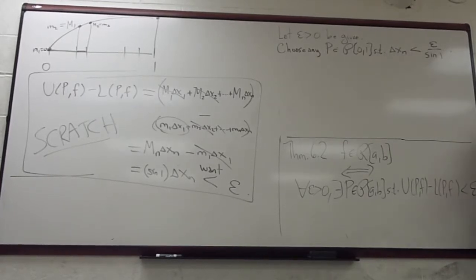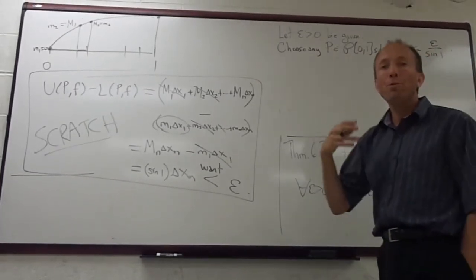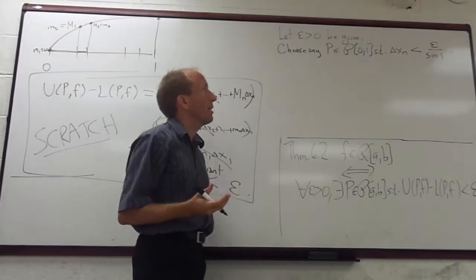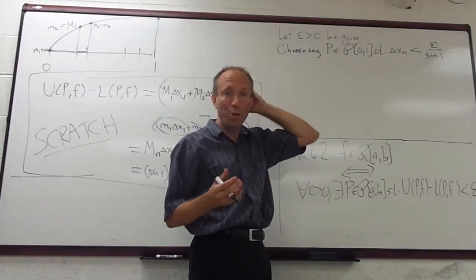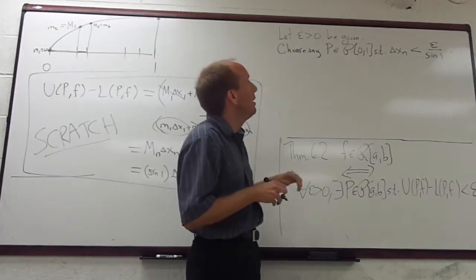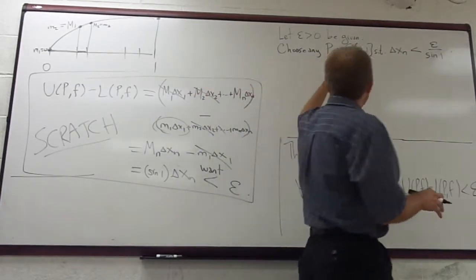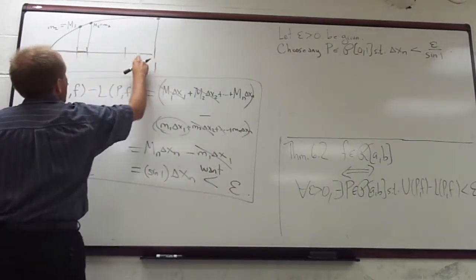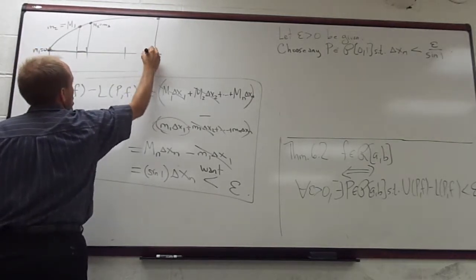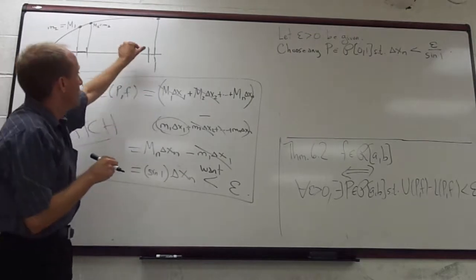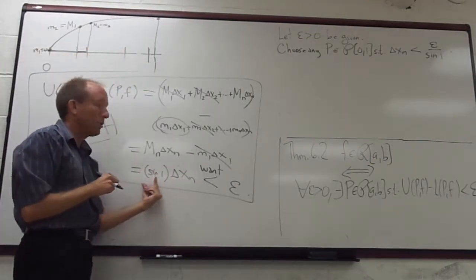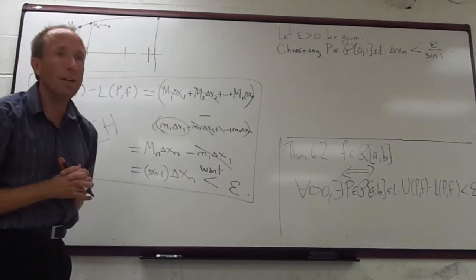So I'll help. If that seems too vague to you and you want a more precise, actual specific partition, I'm going to show you in a second how to do that. Okay. But let's just say for now, I'm going to choose my partition so that this last chop right here makes a small enough subinterval so that by the time I multiply by sine of 1, it's less than epsilon. Okay.